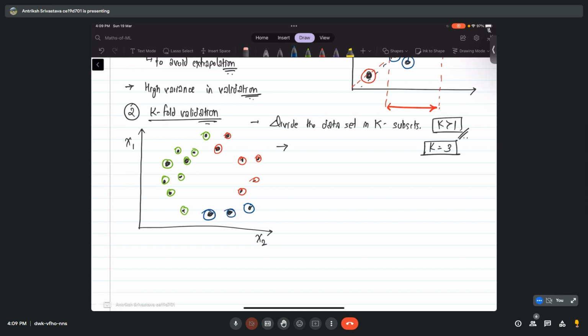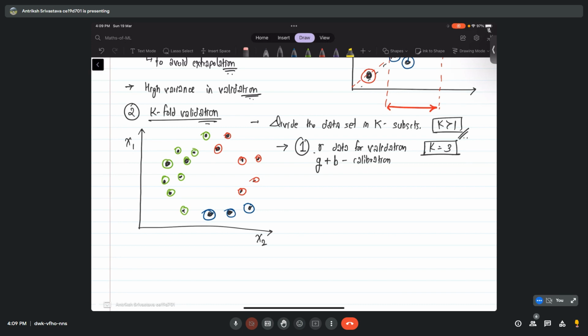Now what we do is, let's say the first time we keep the red data for validation and we use the green plus blue for calibration.